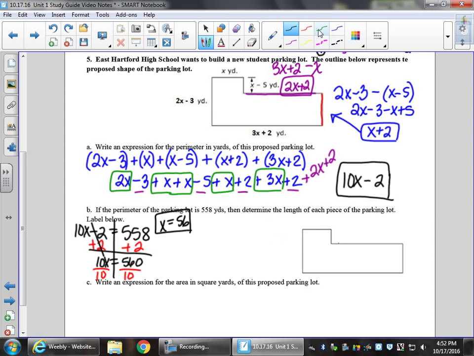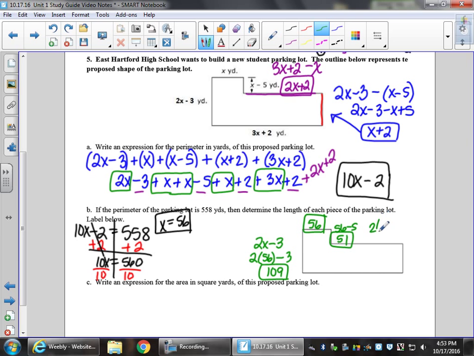Let's do this again. So 2x minus 3. So 2 times 56 minus 3 is 109 on this side. This will be just 56 right away. 56 minus 5 gets me 51. Hey guys, look, we have an expression for this side.